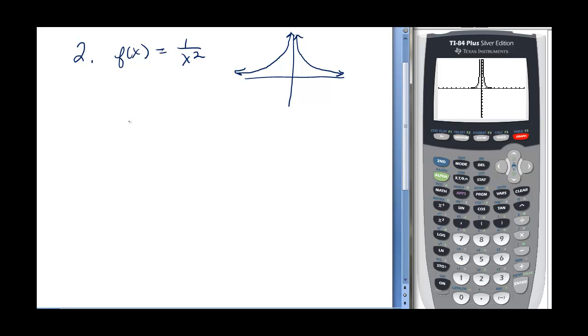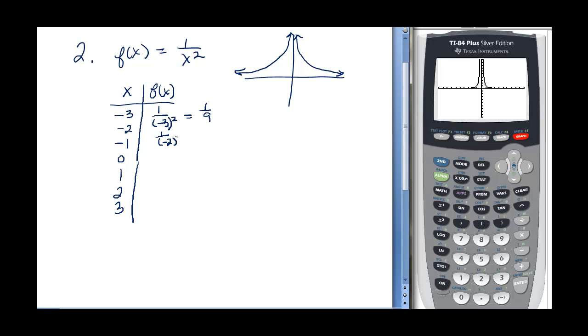So if I had a table of values, and let's say I go from -3 to 3, like we do so much of the time, and my f of x, I'm going to have 1 over -3 squared, or that's going to be 1/9, and then 1 over negative 2 squared, so it's going to be 1/4, and so on and so forth.